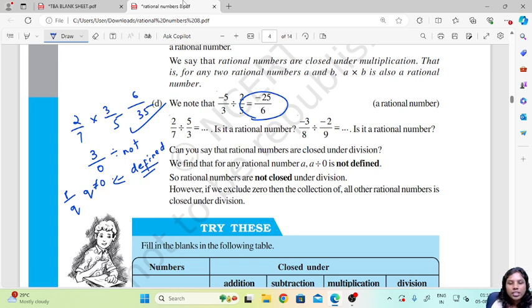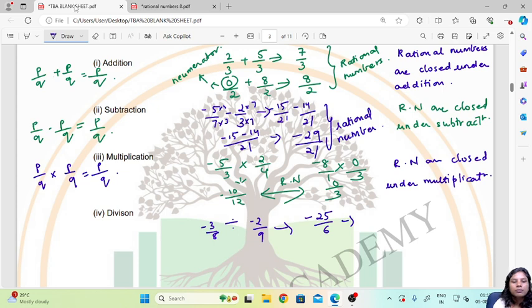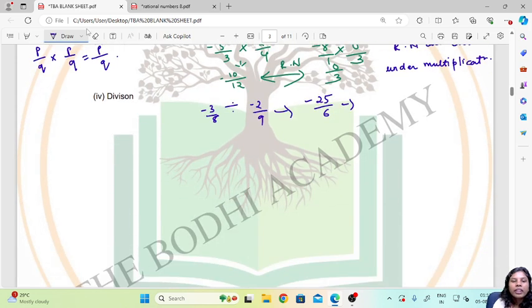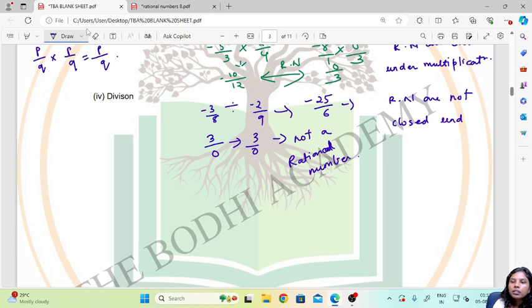So therefore we say that rational numbers are not closed under division. So when we have say 3 by 0, this is not a rational number. So therefore we can say rational numbers are not closed under division.